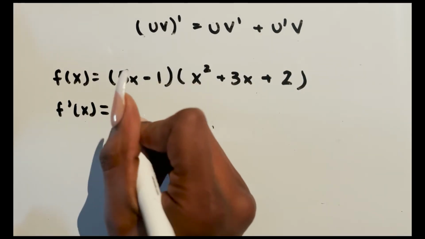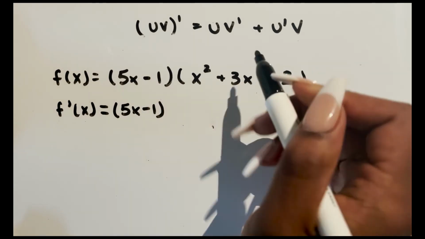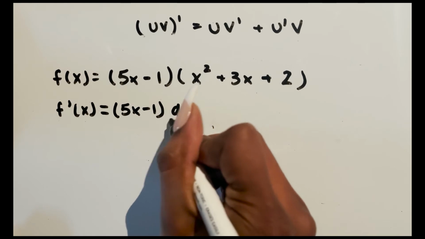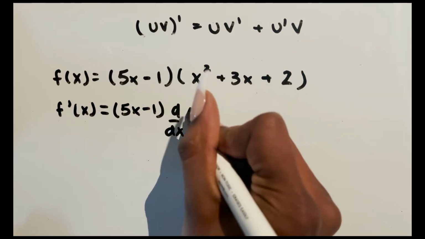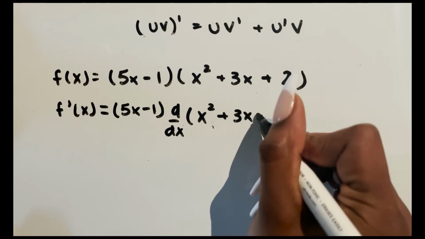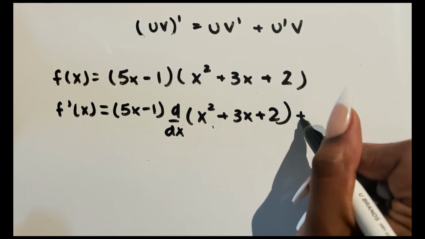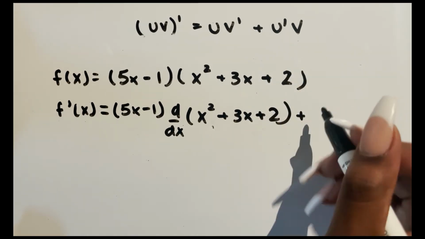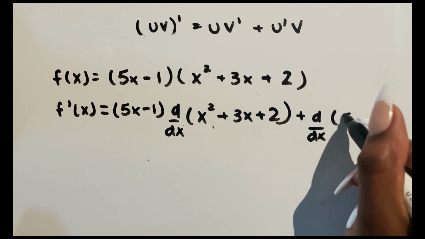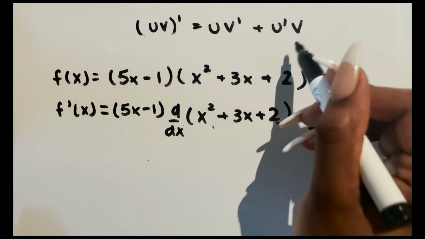So u, 5x minus 1, times v, or the derivative of v, dx, x squared plus 3x plus 2, plus the derivative of u, dx, 5x minus 1 times v.